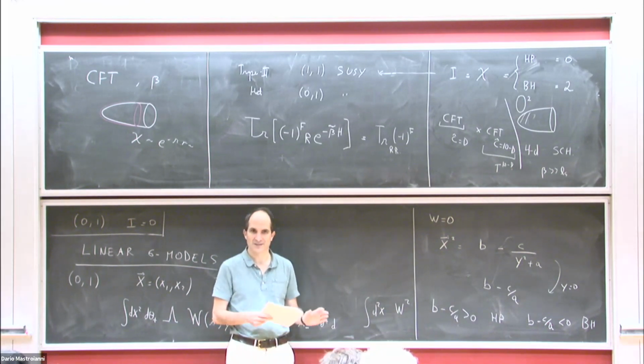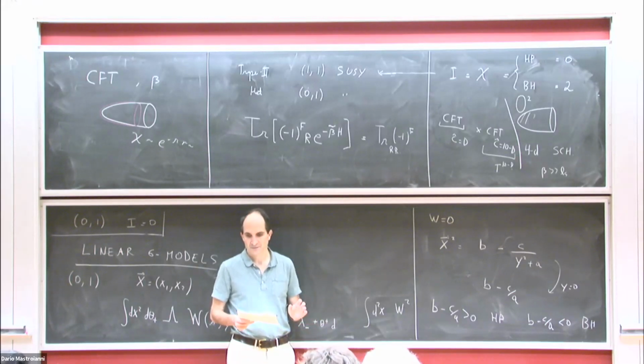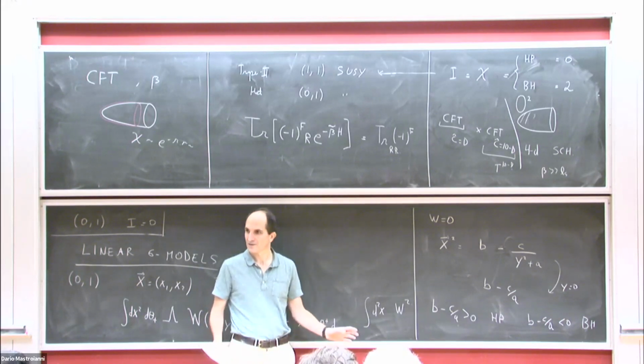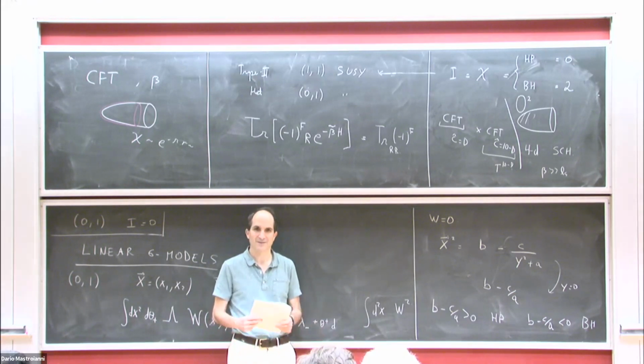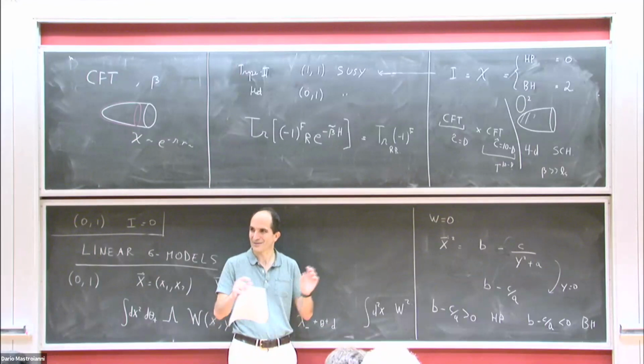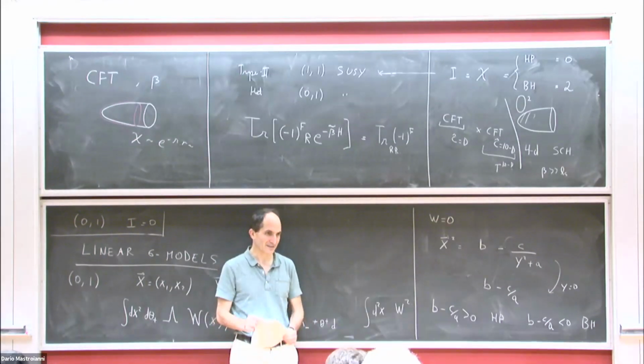It's reasonable to think that when you flow to the infrared, you could also have a smooth transition. Now, it's not really a proof, because it could be that when you flow to the infrared, some infinite throat appears or something weird happens. But there is no obvious reason why that should happen.